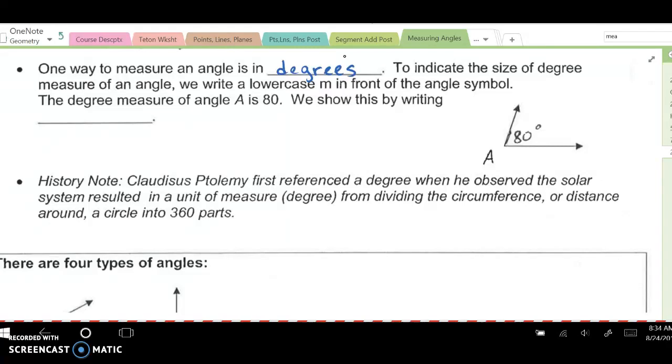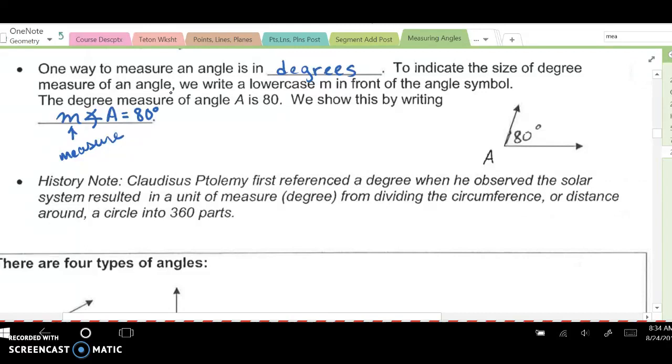And so to indicate the degree measure of an angle, we write a lowercase m in front of the angle symbol. So, for example, if angle A is 80 degrees, we would write the measure, m stands for measure, of angle A equals 80 degrees.